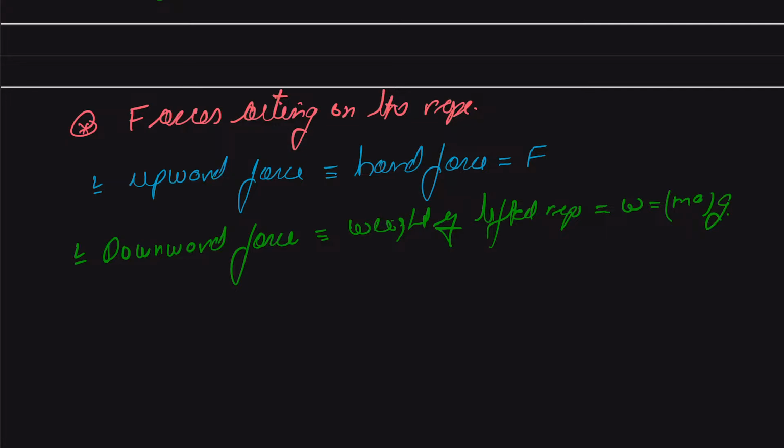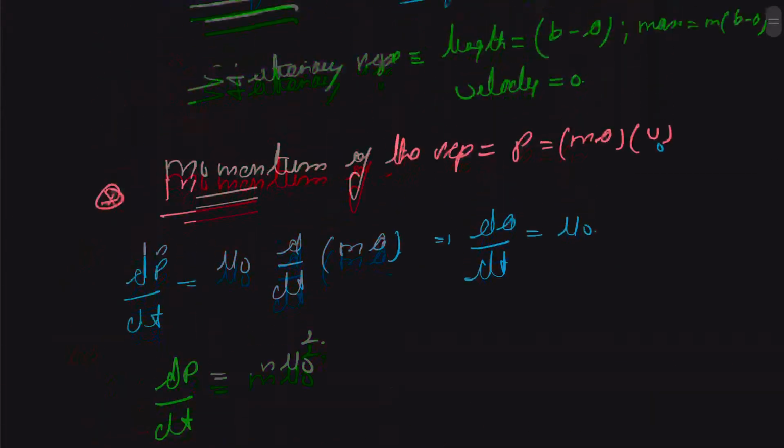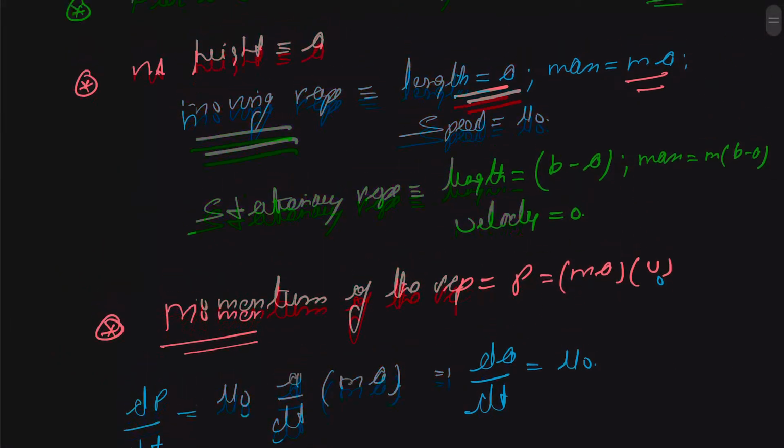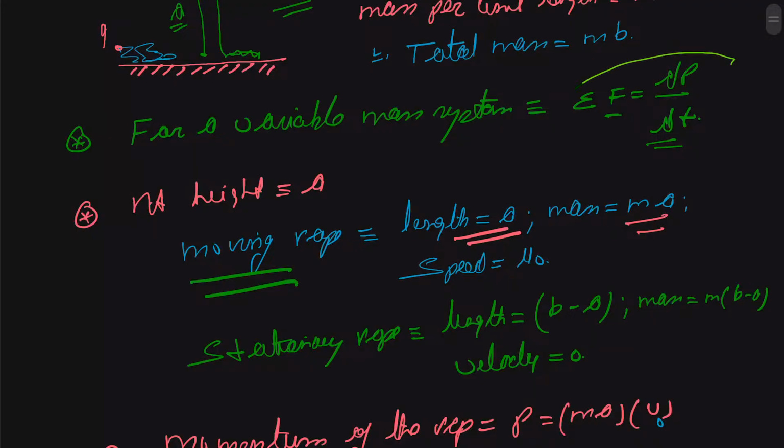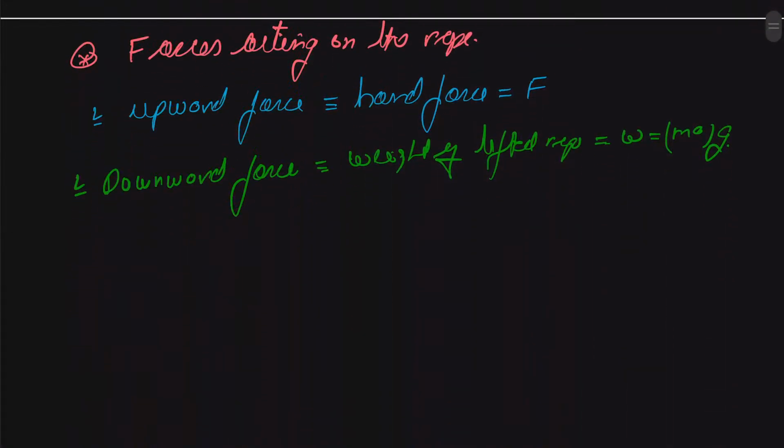And therefore we simply equate this formula. Summation of forces is equal to rate of change of momentum. And we have two forces, F is upward, weight is downward.